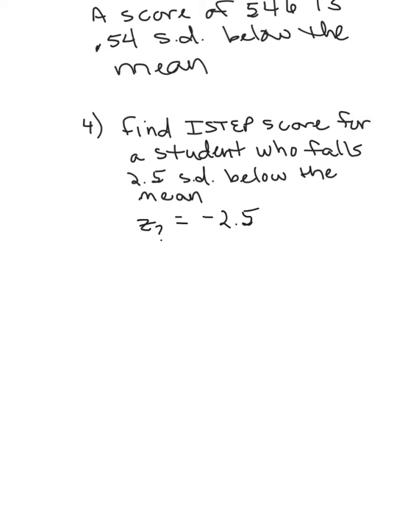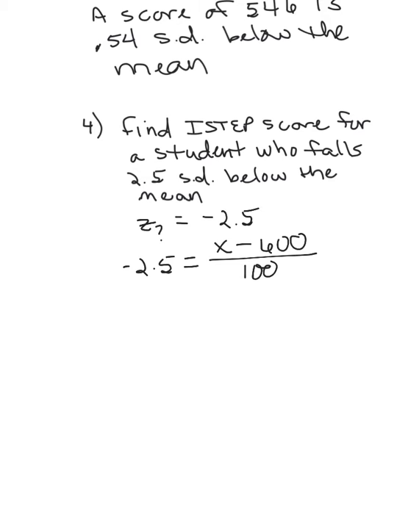Now we're going to use the formula where the negative 2.5 is the answer that we got, and we are looking for what they originally earned on the test, so that's the x minus the mean from this test, which was 600, over the standard deviation, which is 100.